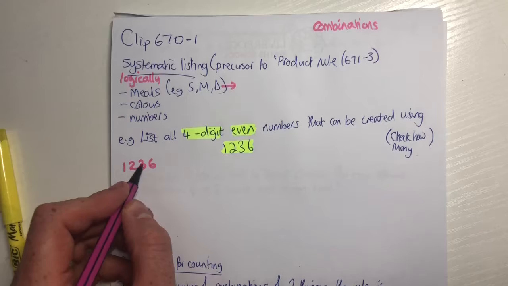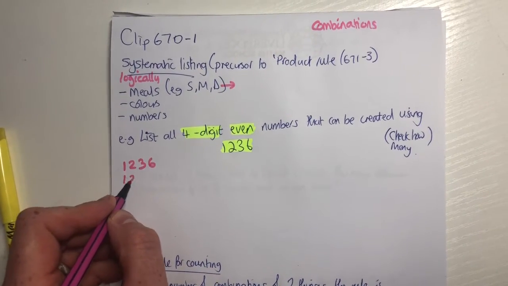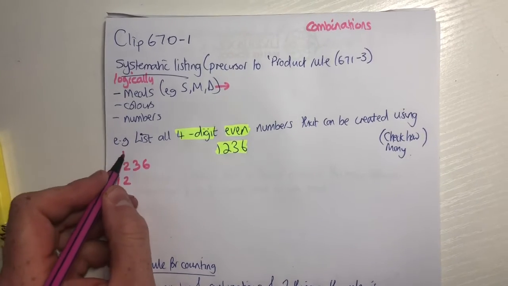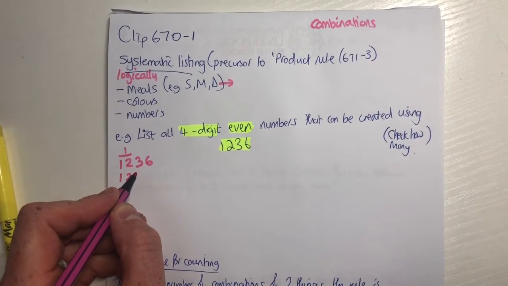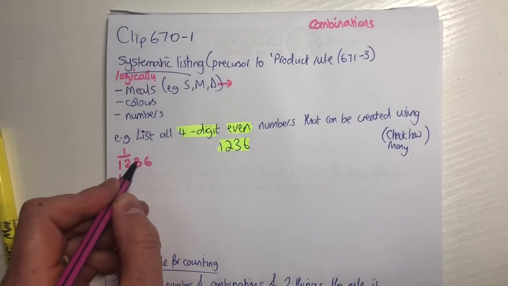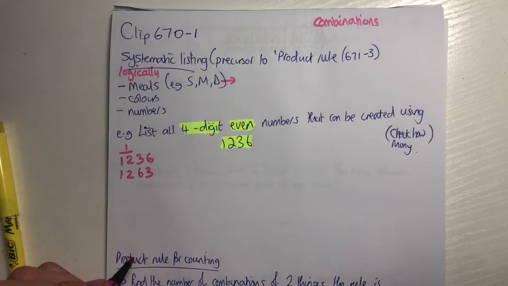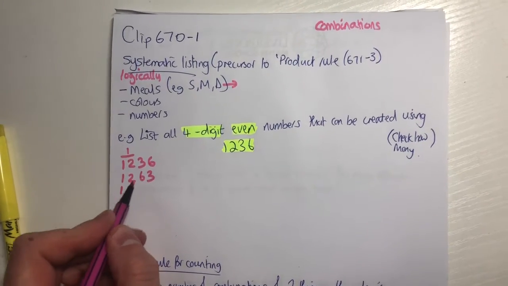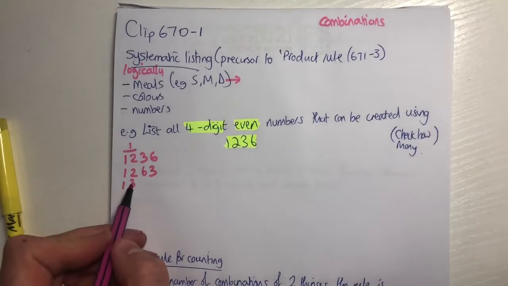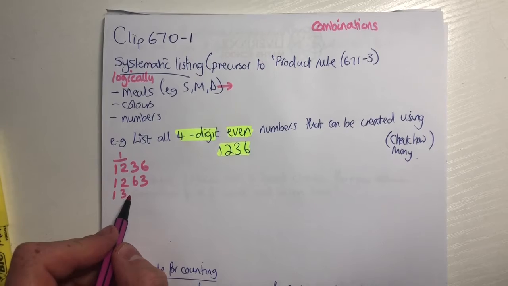So if I swapped one of these round, I'm going to leave the first 2 the same, because this is for all the 1s. I'll leave the 2s the same. So then I'll just move these round, 6 to 3. Then if I leave the 1, I could change to a 3, and I could have 1, 3, 6, 2, couldn't I?